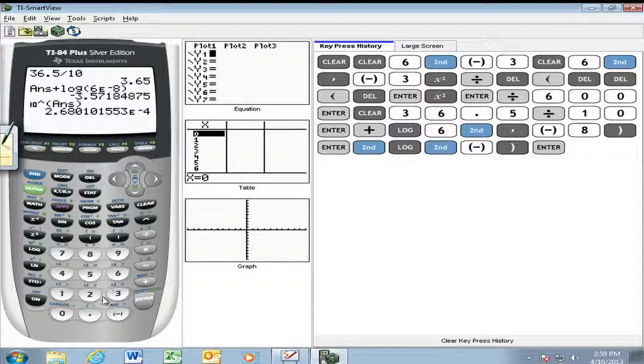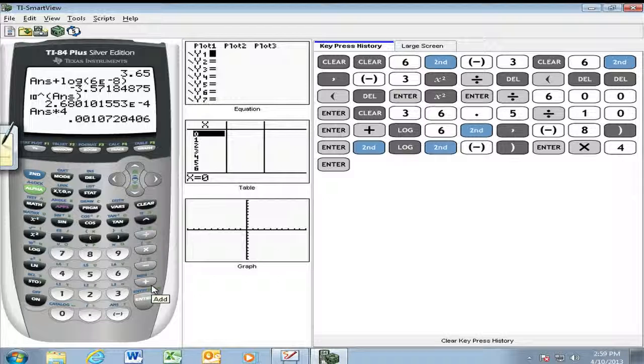We already have that there. Let's multiply by your 4. So that's your voltage times your resistance. Let me show you where we are in the step.